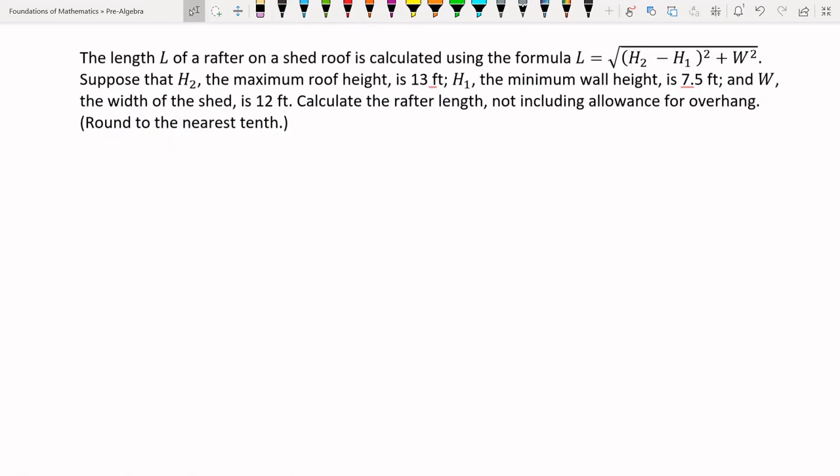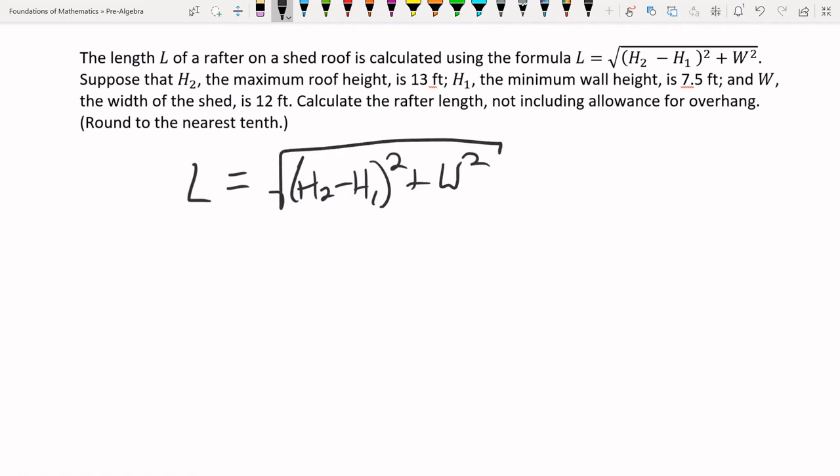All right, here we have the length of a rafter on a shed roof is calculated with the formula. I'm going to write this formula out. L equals the square root of h2 minus h1 squared plus w squared. This actually comes from the Pythagorean Theorem.